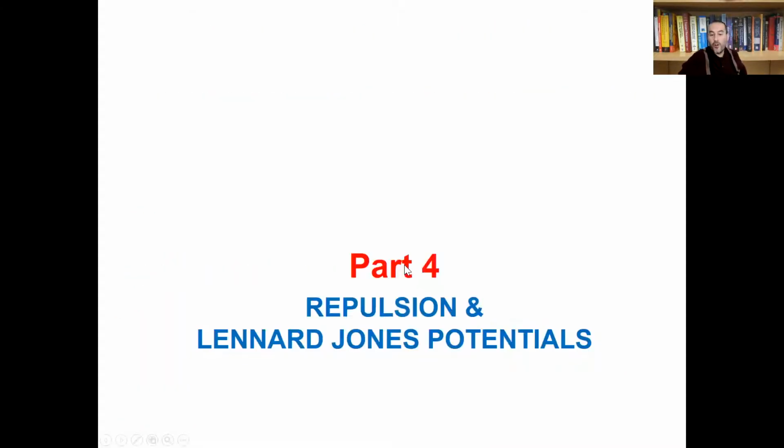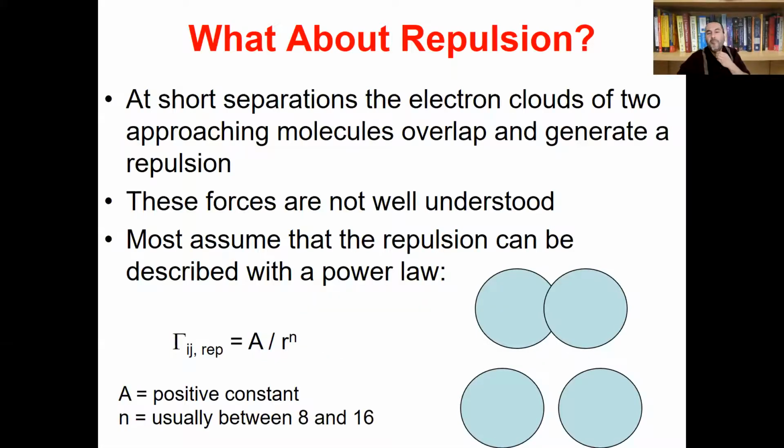So far we talked about attractive forces, right? What about repulsion? It's actually quite straightforward: when two molecules come close to each other, the electron clouds repel, okay? And when the distance is very short, the repulsive forces can become very high.